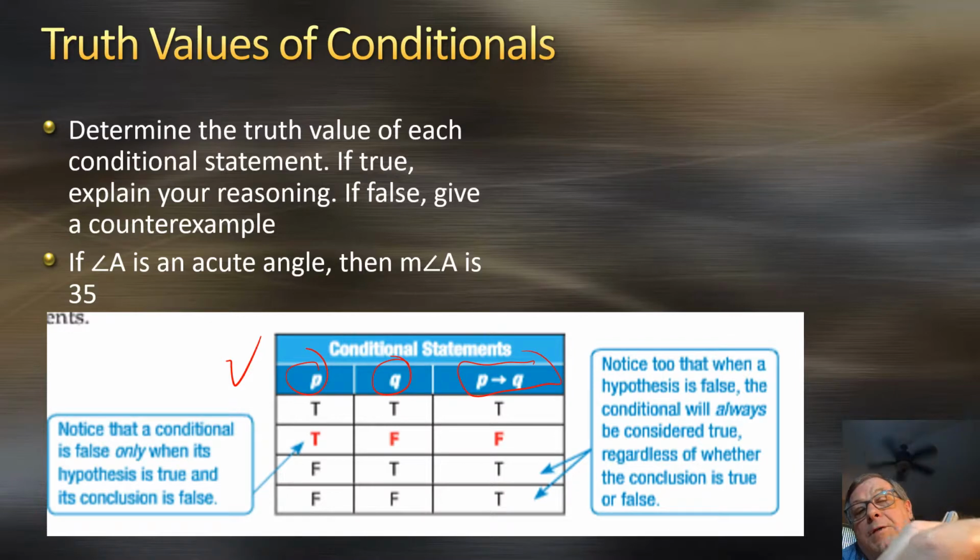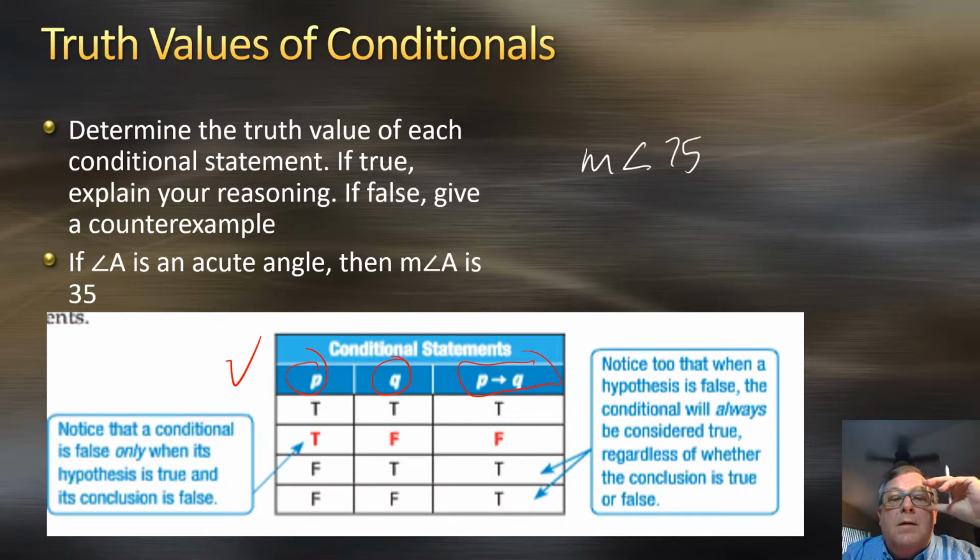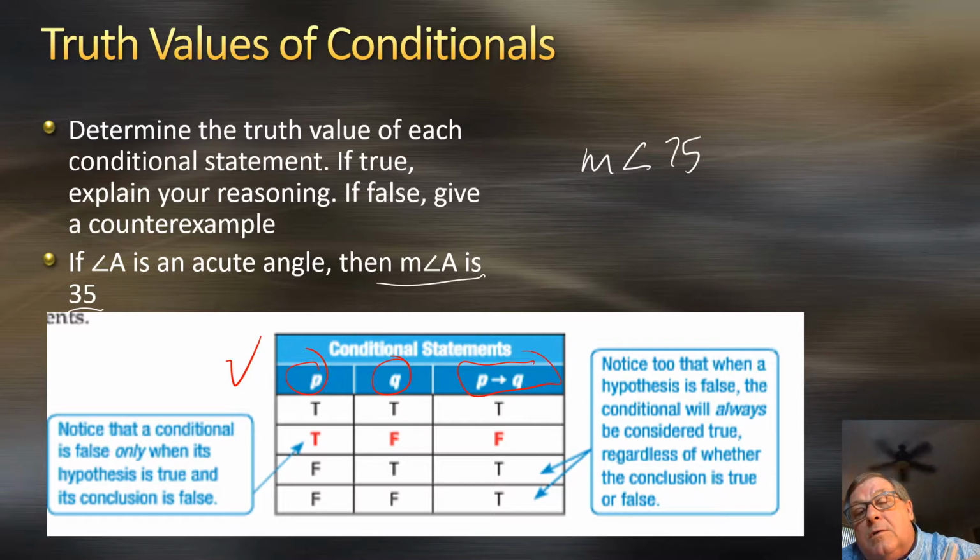What if the measure of angle A was 75? Then the conclusion would be false. And so since we can give a counterexample to the conclusion based upon the hypothesis, then we have to say that this statement is actually false.